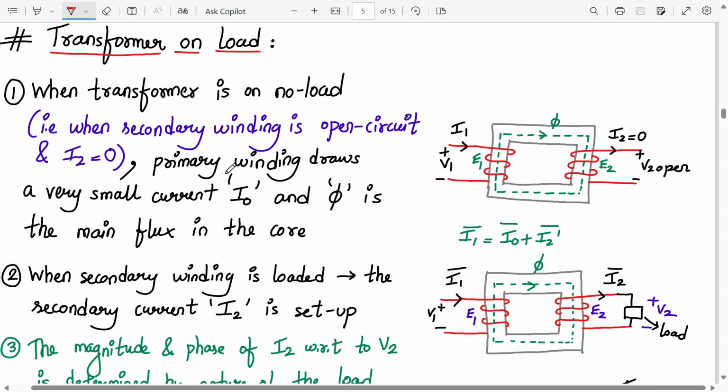The primary winding draws very small current in the form of I0. And I0 is given by what? Can you tell me I0 is given by? We have repeated this many times today. What is it called? I0 is divided into how many currents?